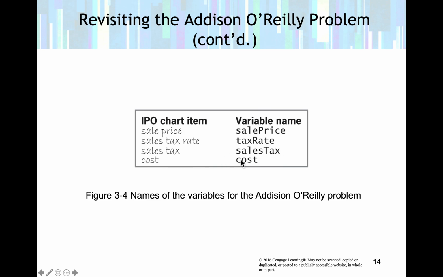And then cost would be COST. So this is if we created variables for all of these.